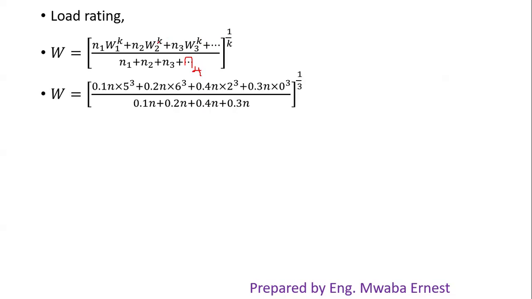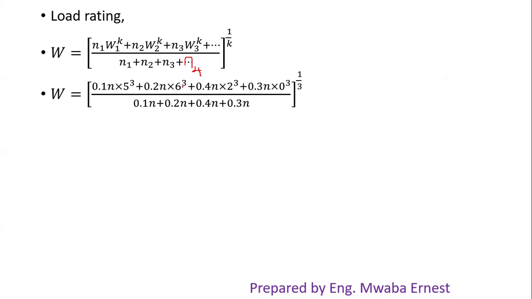So in my substitution, N1 is 0.1 N. The load was 5 kilonewtons. So 5 raised to power 3. The K for 3, the K was given as 3, looking at the nature of the bearing. Then plus N2 was 0.2 N, multiplied by the load at that point. The load at this one was 6.